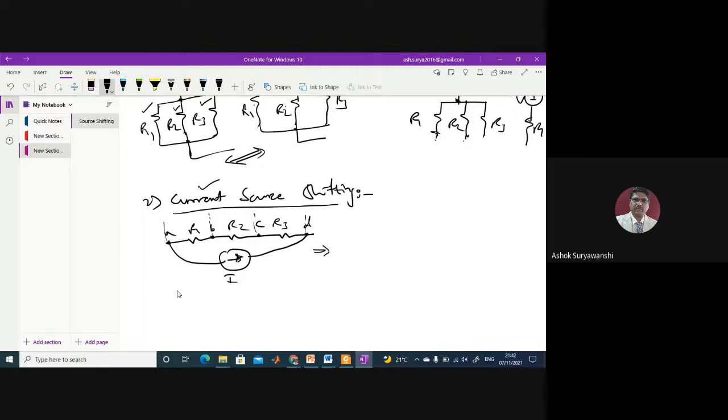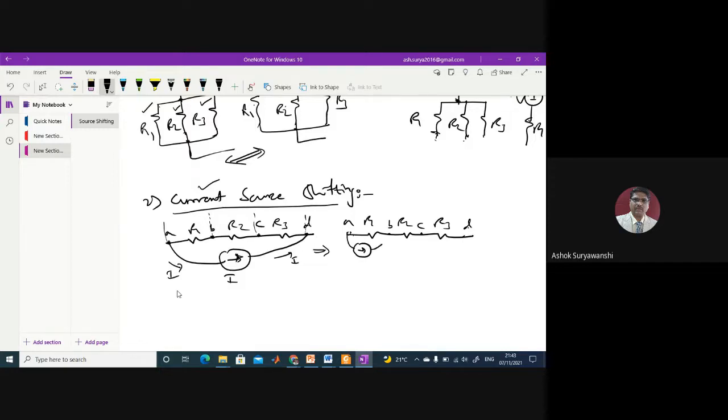So now you know that the current leaving node A is I, and the current entering node D is I. So these basics should remain the same. Now you can see here, this is R1, R2 and R3. Suppose this is node A, node B, node C, and this is node D. So what I will do is something like this.